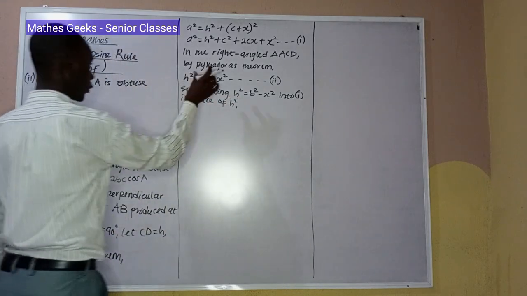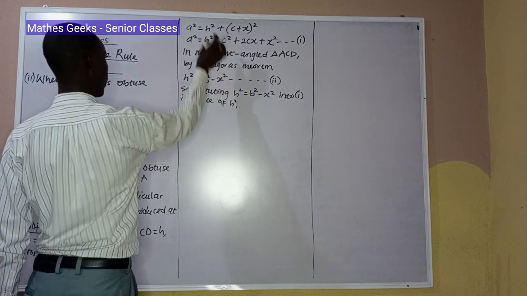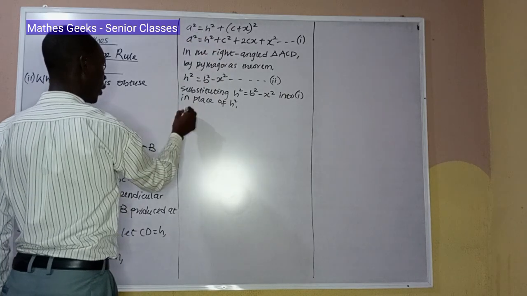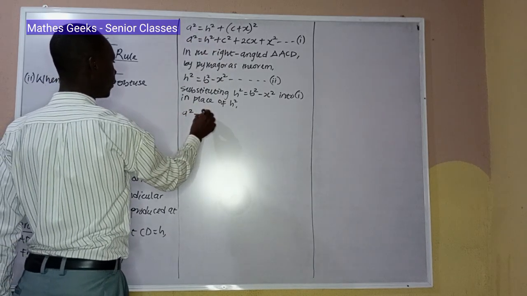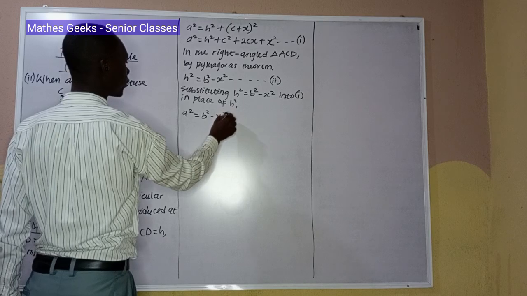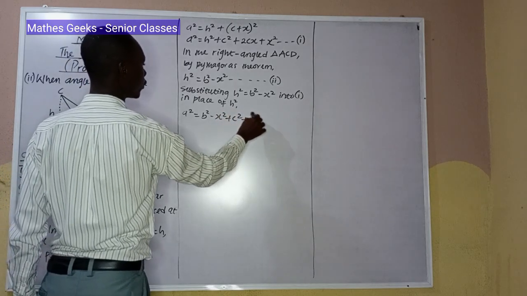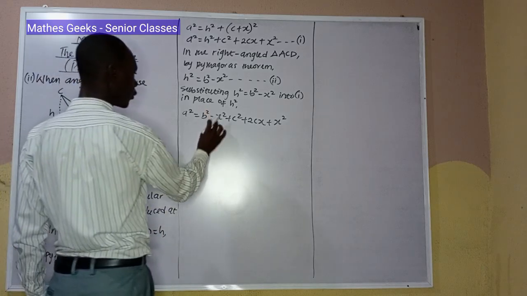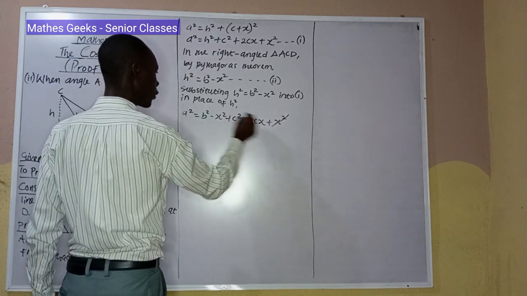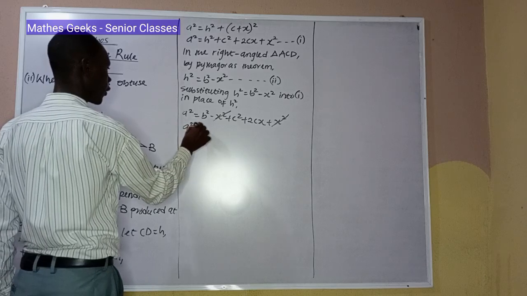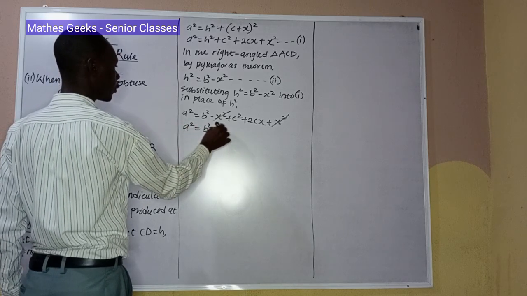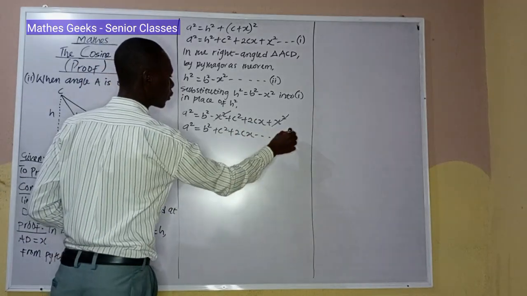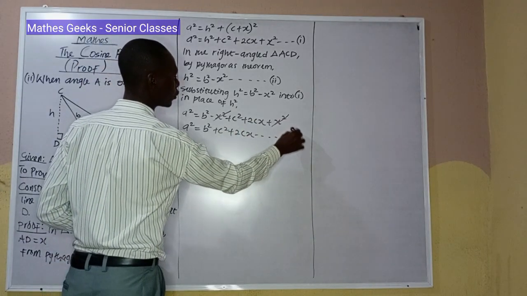So h squared is equal to b squared minus x squared, and we have h squared here, so we're going to put the whole of this in place of h squared in equation 1. So a squared is equal to b squared minus x squared plus c squared plus 2cx plus x squared. And so minus x squared plus x squared is going to cancel out. a squared is equal to b squared plus c squared plus 2cx. Call this equation 3.